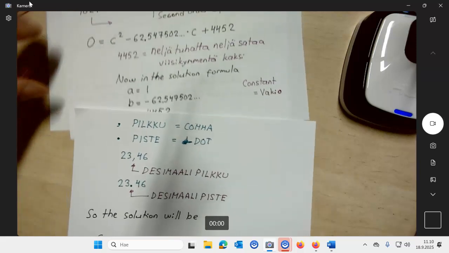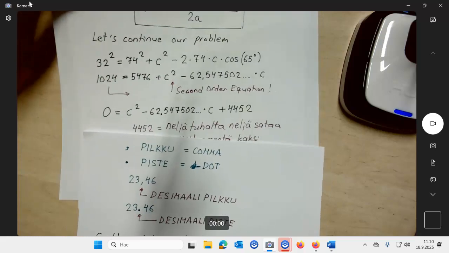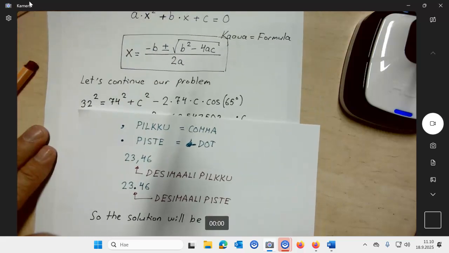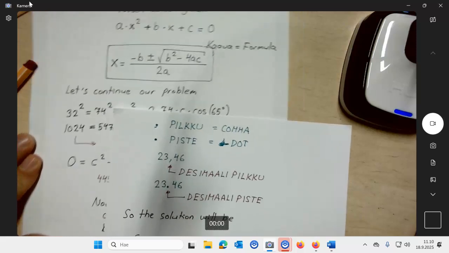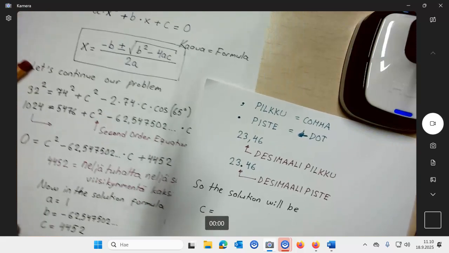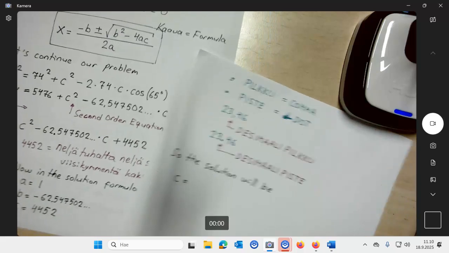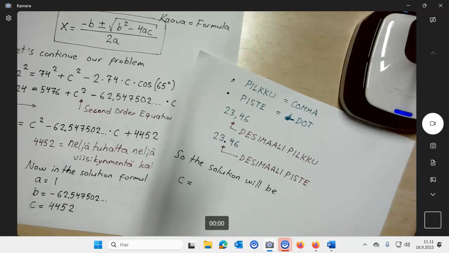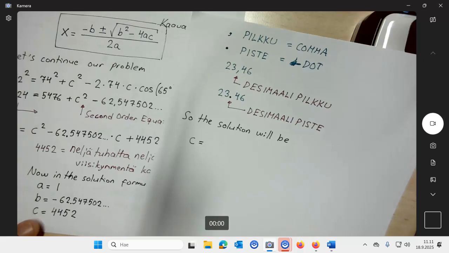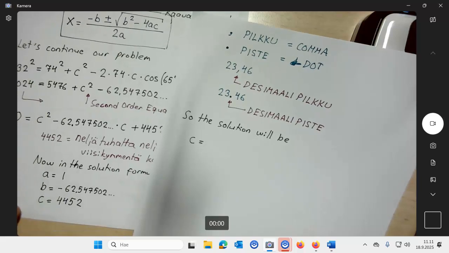So now maybe we have some possibilities to see everything all the time. Here we have the solution formula.